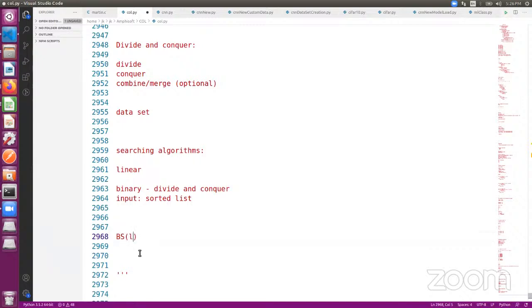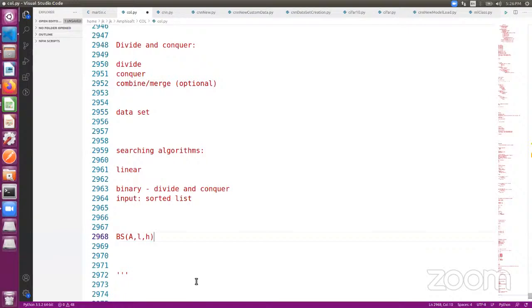We need a list, which contains the elements. I'll mark it as A, and I have L and H, which are going to denote the lower index and higher index.